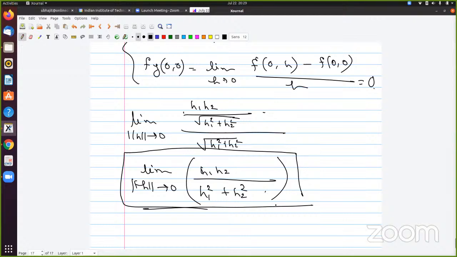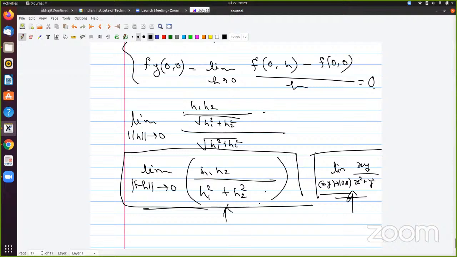It is like the limit of xy over x squared plus y squared. We have already checked earlier that this limit does not exist.